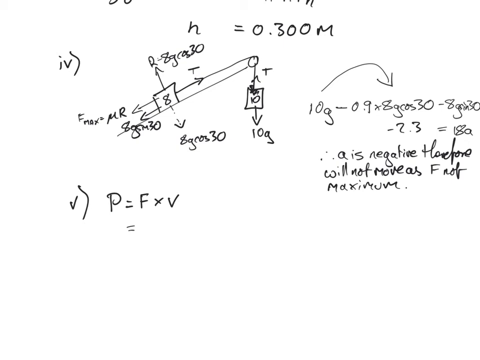The frictional force is 0.9 times 8g cos 30, and the velocity is 2. Power is 122.2 watts.